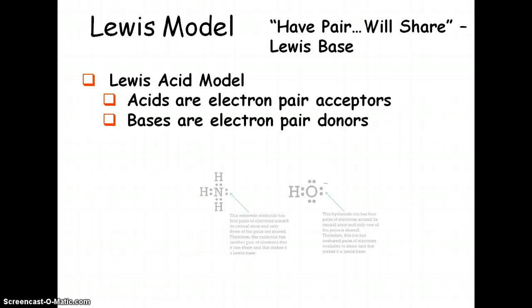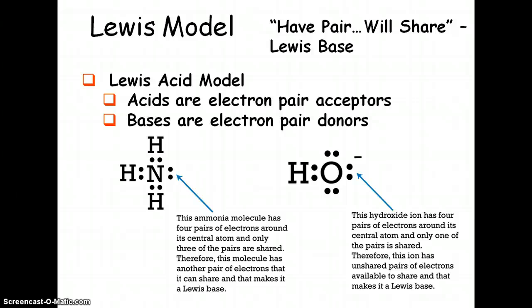All right, here is another example. Here we have an NH3 molecule again and an OH minus ion. Now, NH3 is ammonia, and it has 4 pairs of electrons around it, and 3 of them are shared with hydrogens. Therefore, this extra pair is available to donate, making NH3 a base, according to Lewis.